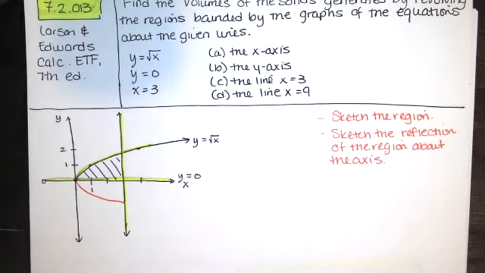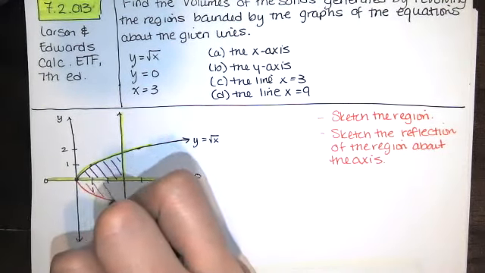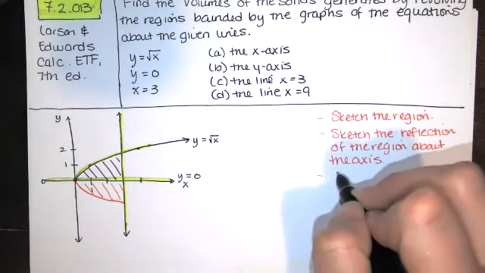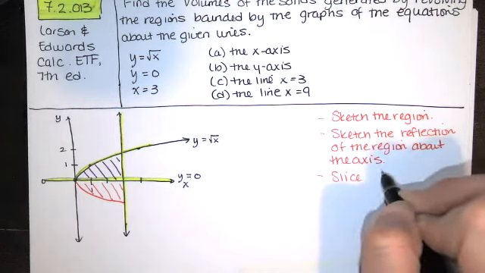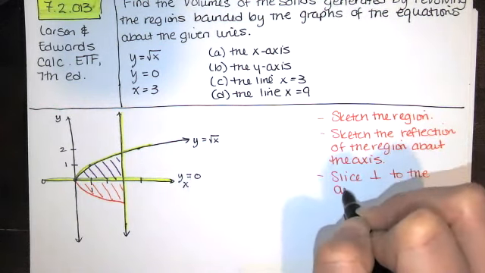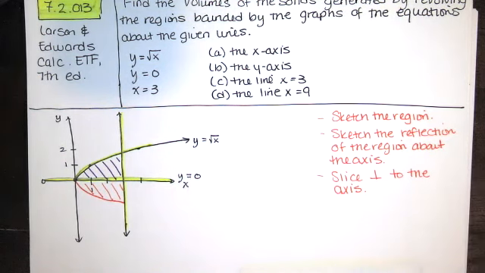And then after we sketch our reflection, we want to slice perpendicular to the axis to form a disk or a washer.